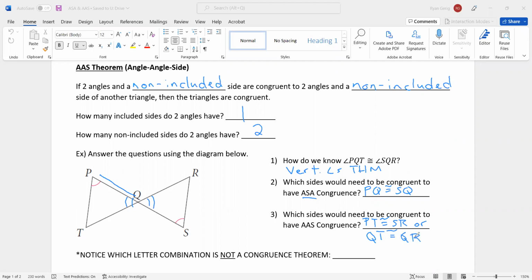Okay. Now, there is a letter combination. Basically, if you have 3 parts, angles and sides, a lot of times it's going to be enough to prove 2 triangles are congruent. But there is a letter combination that does not work. And that letter combination, a lot of people get a kick out of this, is, yes, a swear word that you would get in trouble for saying in school.